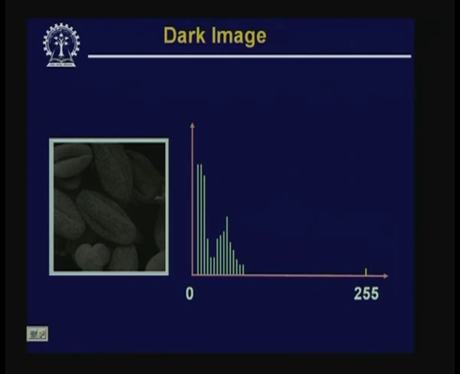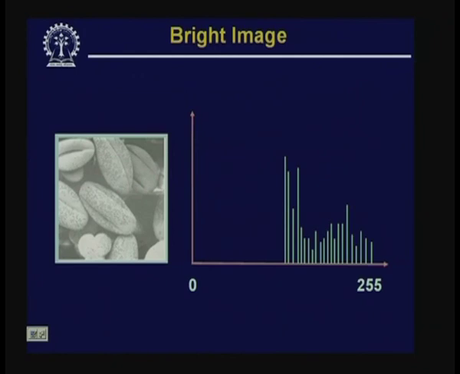Then the second one that we have shown is a bright image or a light image, and again from this particular histogram you find that most of the pixels in this image have intensity values which are near the maximum value, that is 255 in this particular case. Since all the images in our application are quantized, where every pixel is quantized with 8 bits, the intensity levels will vary from 0 to 255.